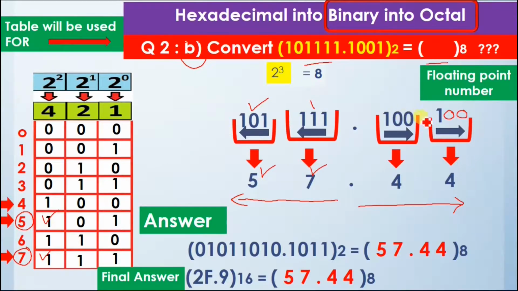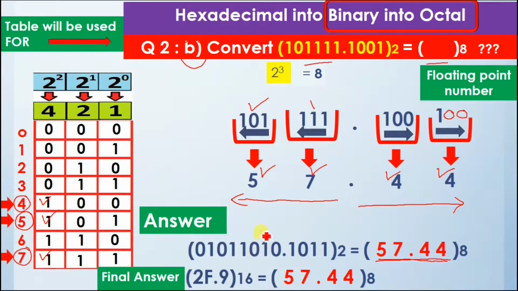Next we have 100, so here is 100, and it is equal to 4, so we write 4 here. And again we have 100, so we can write 4 again.